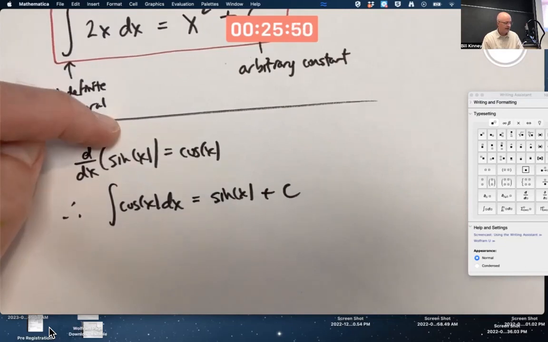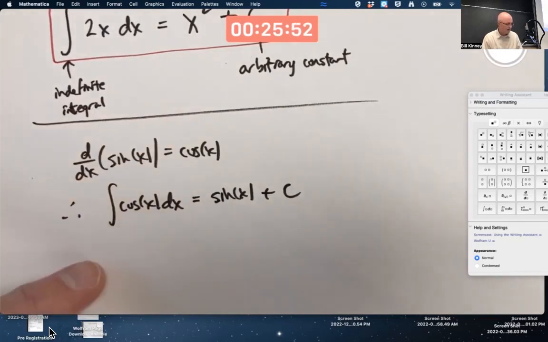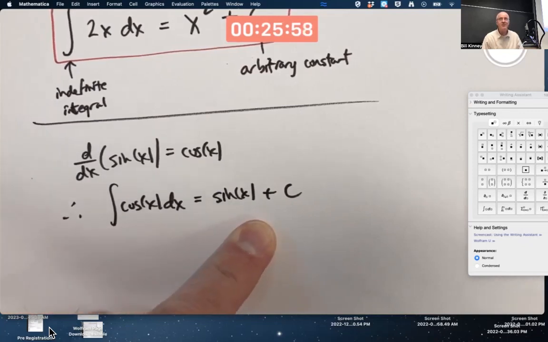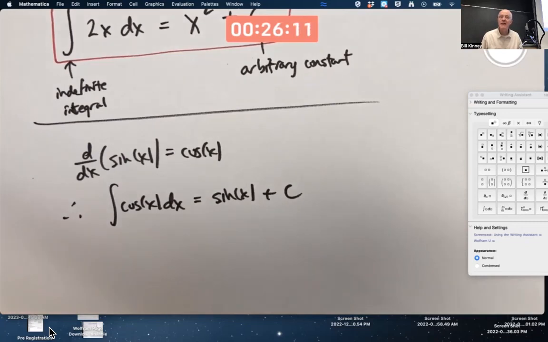They are two ways of saying the same thing. The derivative of sine is cosine. Therefore, the integral of cosine, technically an indefinite integral of cosine, is sine of x plus c. If there's an indefinite integral, does that mean there's a definite integral? Yes, but we have to wait for chapter 5 for that. Indefinite integrals are simpler than definite integrals.